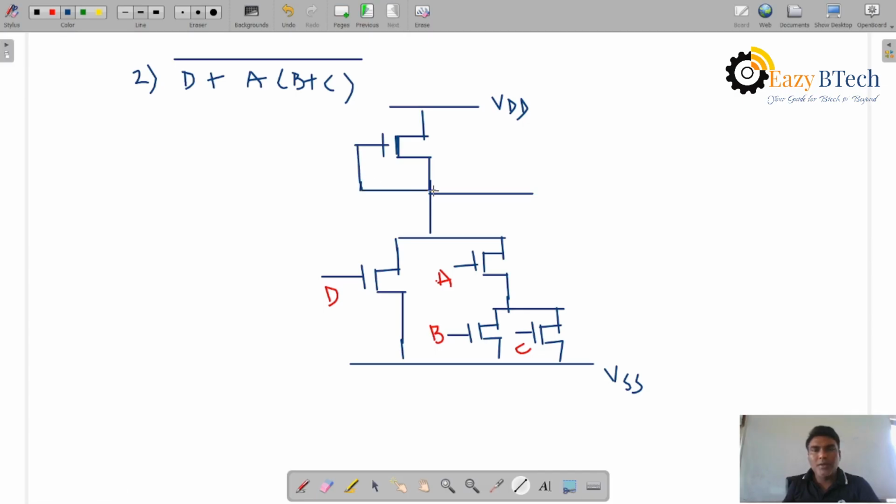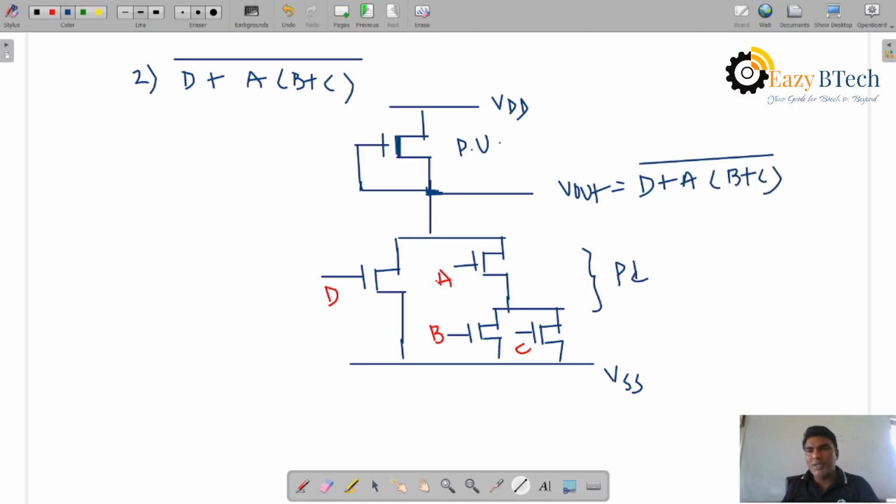From here we can take the output. This is the pull up transistor, and these are completely the pull down representation. The output is D plus A into B plus C, complemented. It's a complex design gate representation.